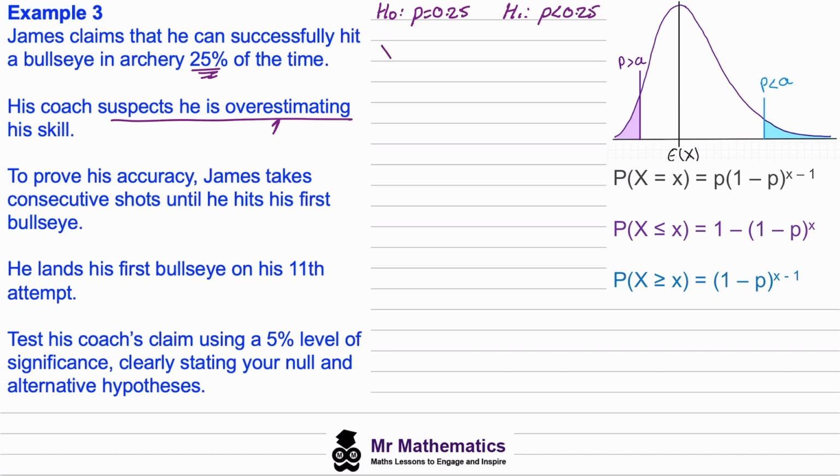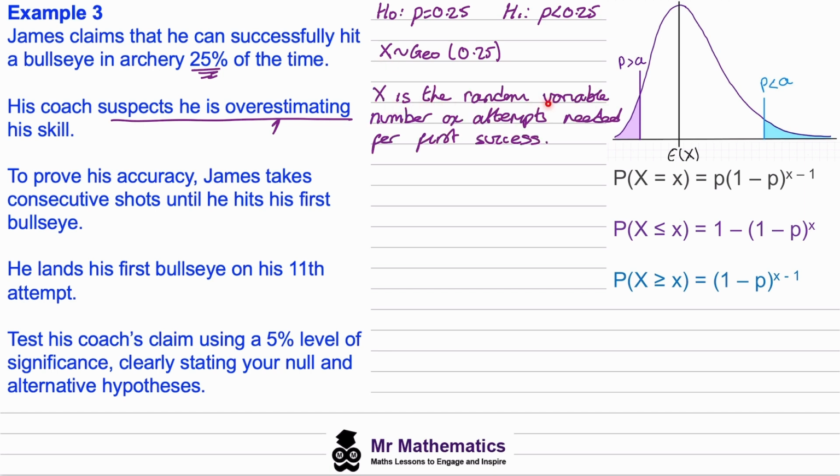We can define our model that X is distributed geometrically with a probability of 0.25. And now we need to define what X is. So we'll say that X is the random variable, the number of attempts needed for the first success. Then we can work out our expected value of X as 1 over p, which gives us 4, and we'll label this on the diagram.